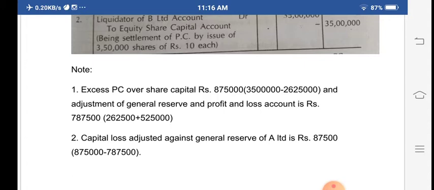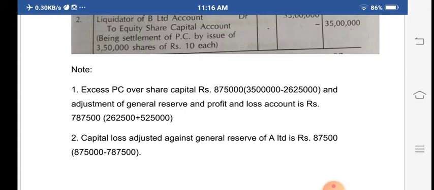A Limited is giving 35 lakhs for taking over the business, but B Limited has share capital of only 26 lakh 25,000. The difference is rupees 8 lakh 75,000. Now this 8 lakh 75,000 is going to be adjusted within the general reserve and the profit and loss account balance.